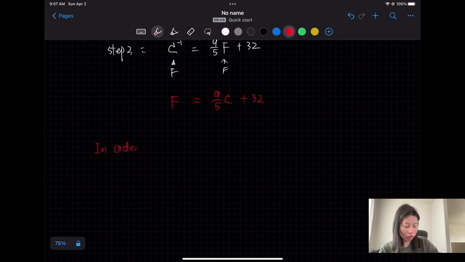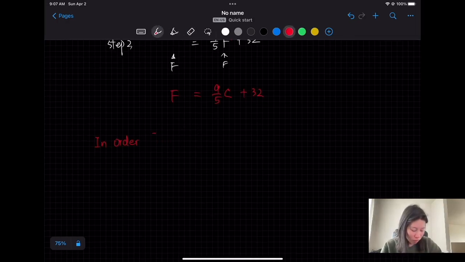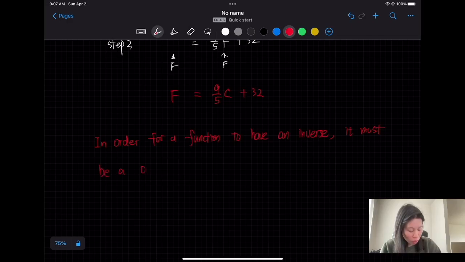In order for a function to have an inverse, it must be a one-to-one function. What is one-to-one? That means each input is going to correspond to one unique output.